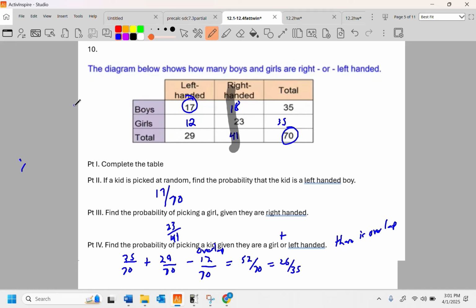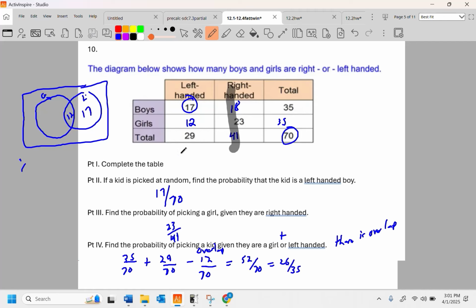Now, the overlap is a lot easier to see in a Venn diagram. So given they are a girl or left-handed, we have girl, we have left-handed, and there are 12 girls who happen to be left-handed. So 29 minus 12 is 17, because there's supposed to be 29 people in that circle. And girls is going to be 35, but I've already counted for 12. 35 minus 12 is what, 23?